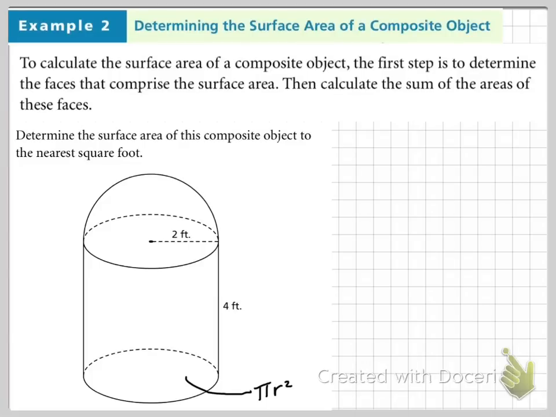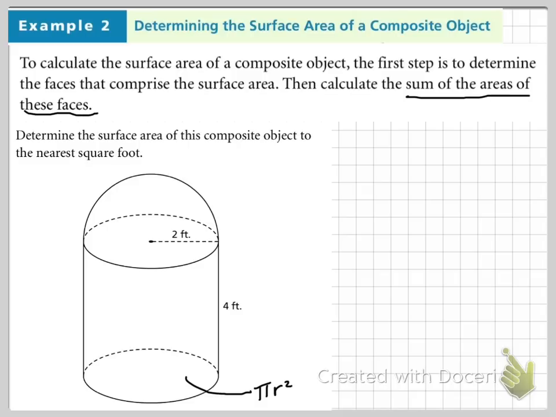Here in example 2, we're going to determine the surface area of the composite object. To calculate the surface area of a composite object, the first step is to determine the faces that comprise the surface area. Then calculate the sum of the areas of those faces. When we look at the faces, the first face is the bottom.